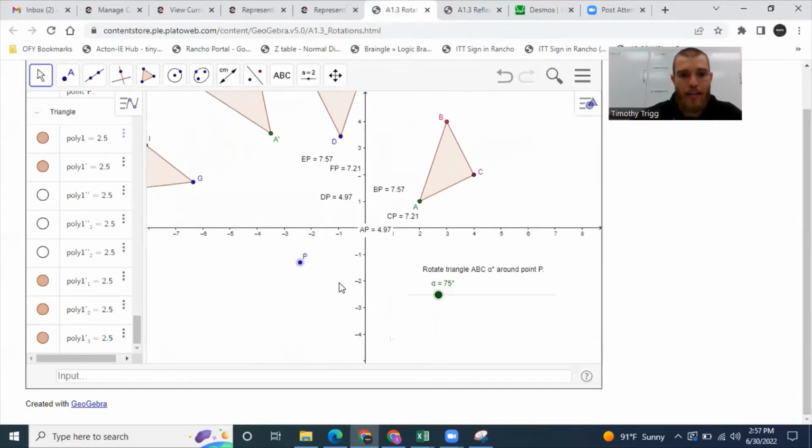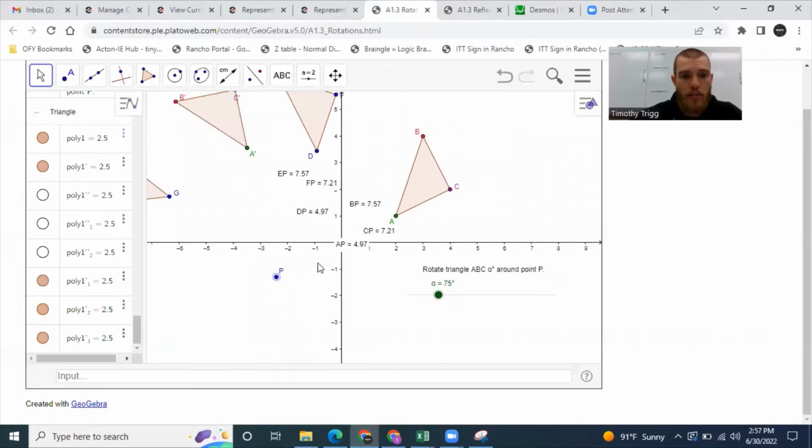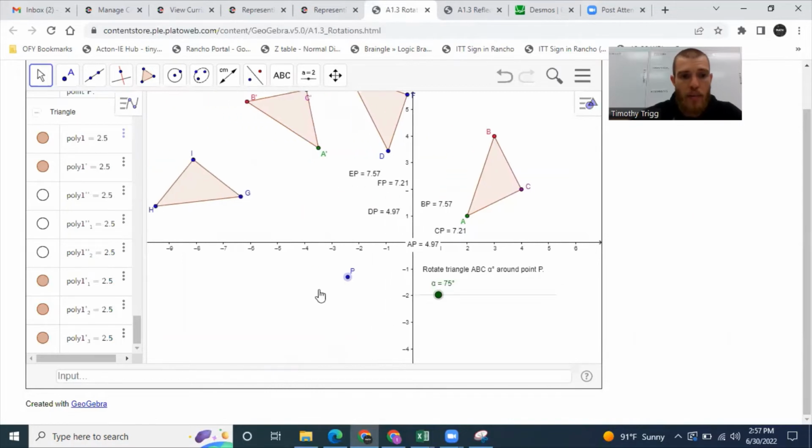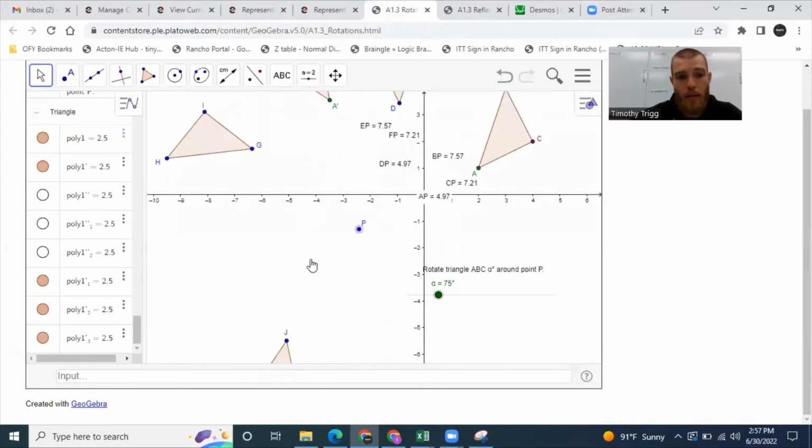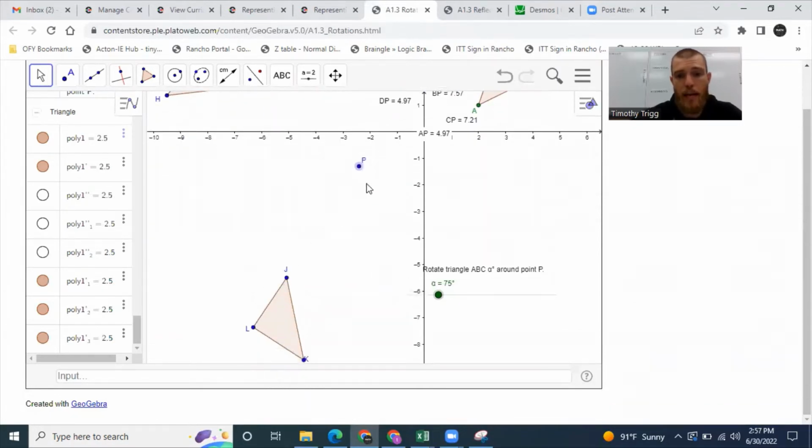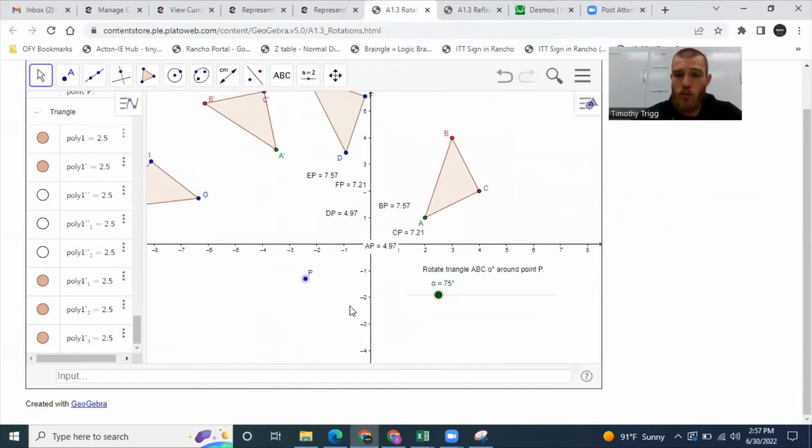But what do we notice about the distances? Well, the distance from A to P is 4.97. That's the same as D to P, right? Notice that's the corresponding point. And that would be the same as the distance from G to P and the same as the distance from K to P. So it's basically what we just said, that the distance from the pre-image to the center of rotation is the same as the images to the center of rotation.